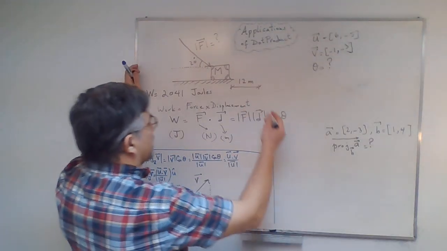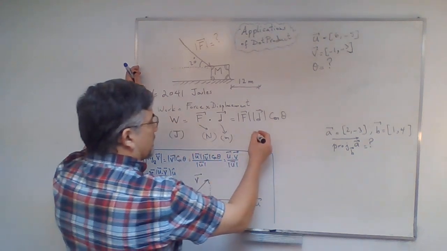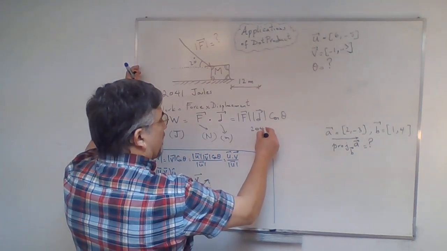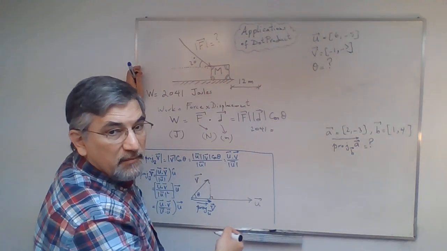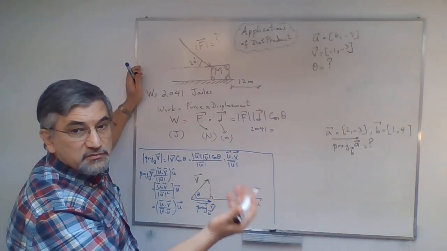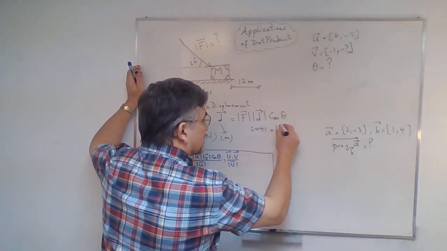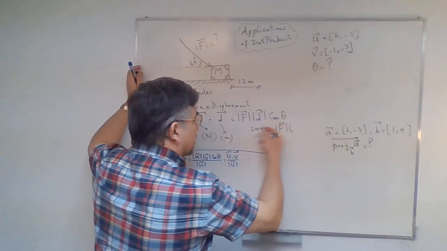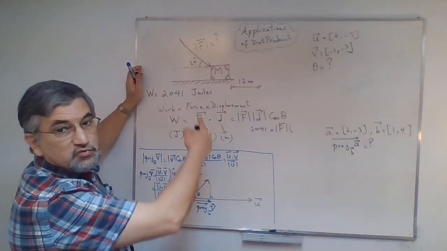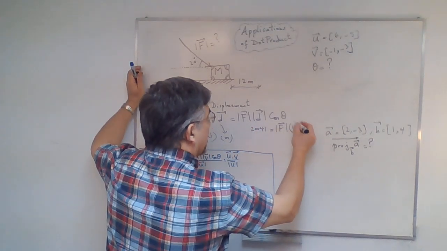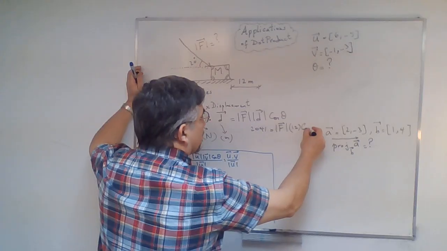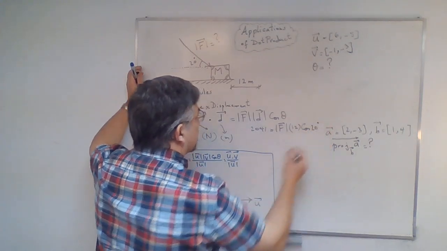Okay, so we're going to say the work here is 2041, and the amount of force exerted on the box we don't know, so I call it magnitude of F, and the displacement magnitude was 12 meters, and the angle is, of course, 20 degrees.